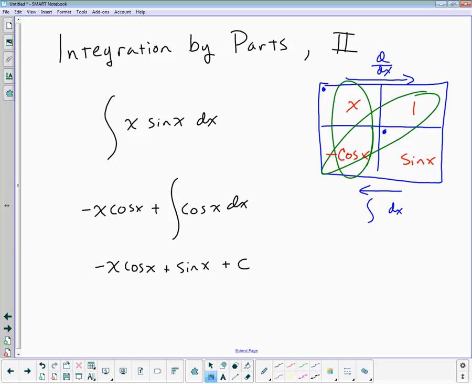Okay, so choosing what goes in what box takes a little bit of practice. But generally speaking, you're looking to get rid of something.